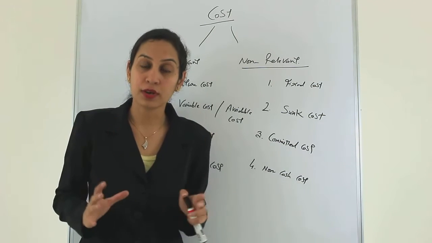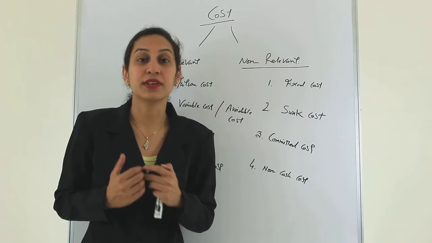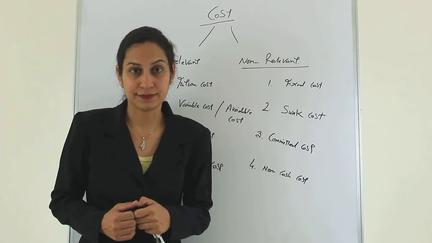So that is broadly about relevant cost as well as non-relevant cost. Now when we understand the classification of relevant cost as well as non-relevant cost, now it's time to discuss what is the relevant cost for material, labor and overhead respectively.